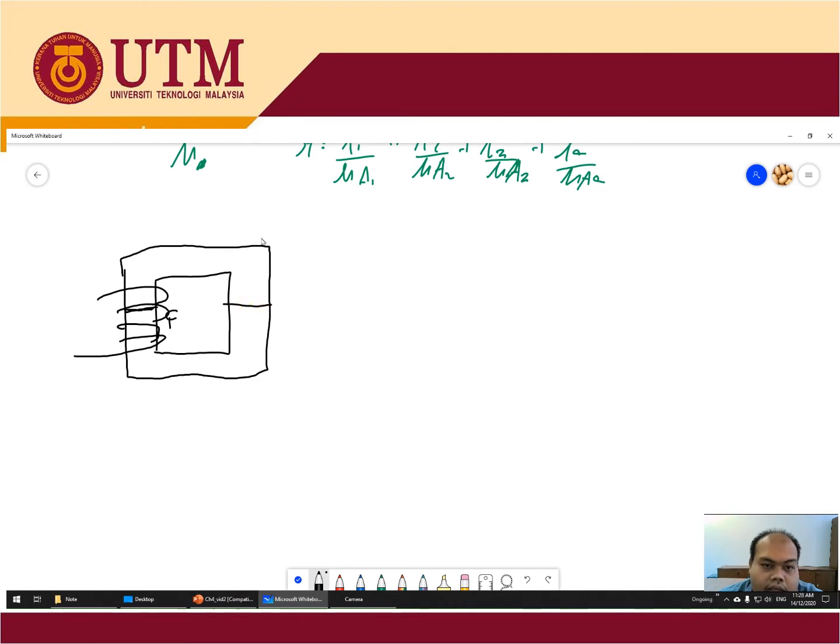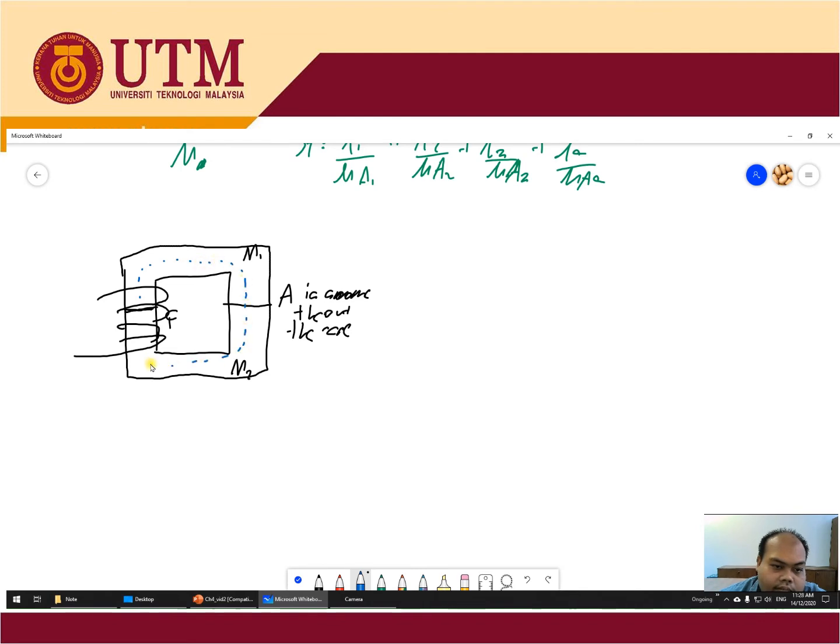So this one is material 1, this one is material 2. Basically assume that the A is the same throughout the core. So A is all the same, and the length, of course, this one.